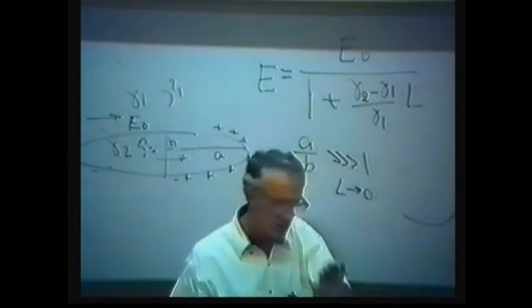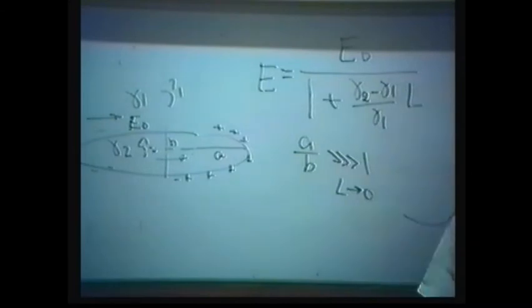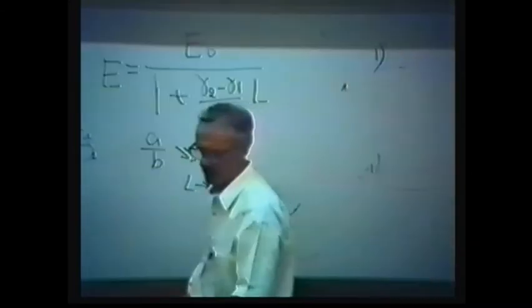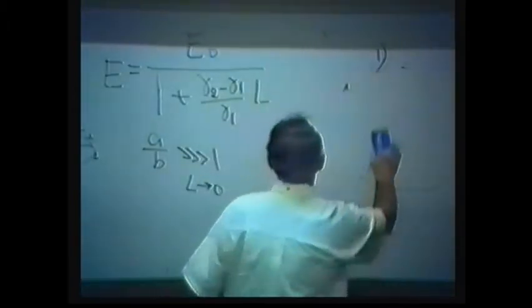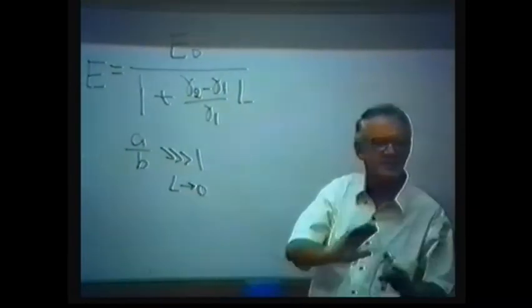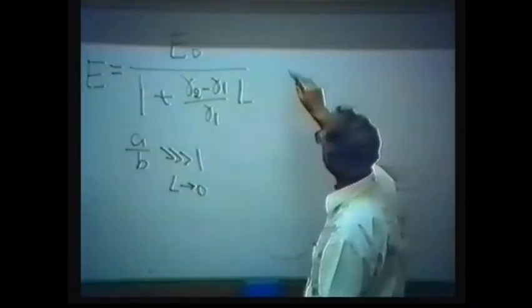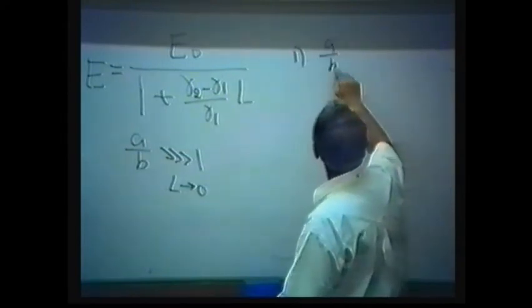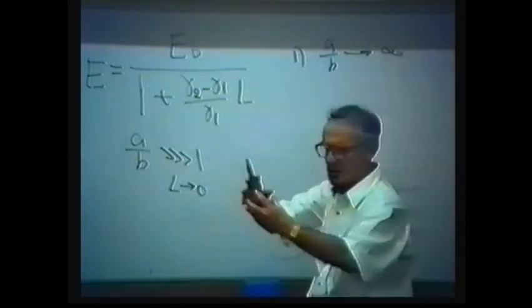Let us slowly discuss. Case number 1. And you will understand what is going on. It's very simple physics. Case number 1, A over B goes to infinity.